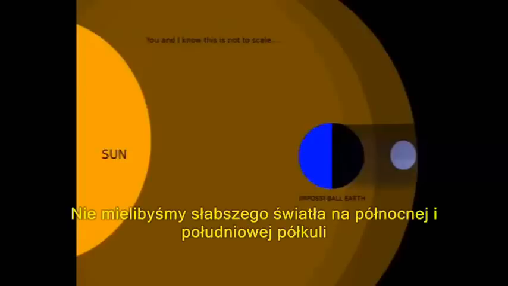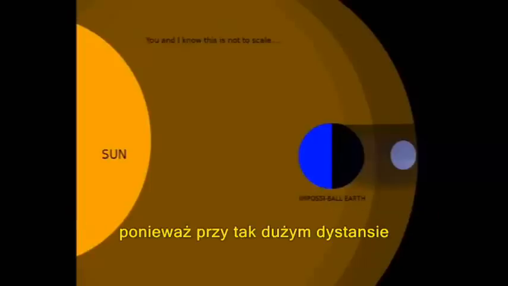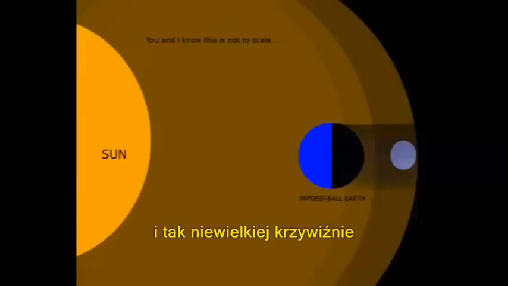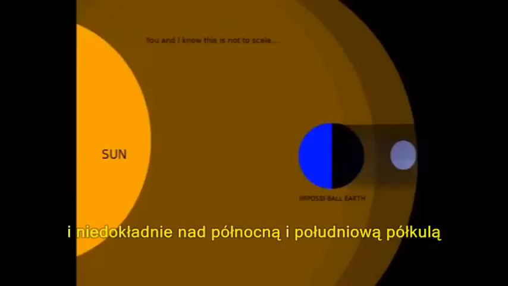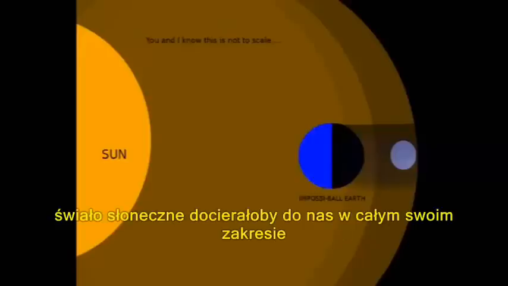We shouldn't have weaker sunlight in the northern and southern hemispheres, because really with such a great distance and such a small curve, it really shouldn't make a difference, and we cannot say that sunlight is direct around the equator and indirect in the northern and southern hemispheres, because really, despite the distance, that sunlight should be reaching us in the same wide path.